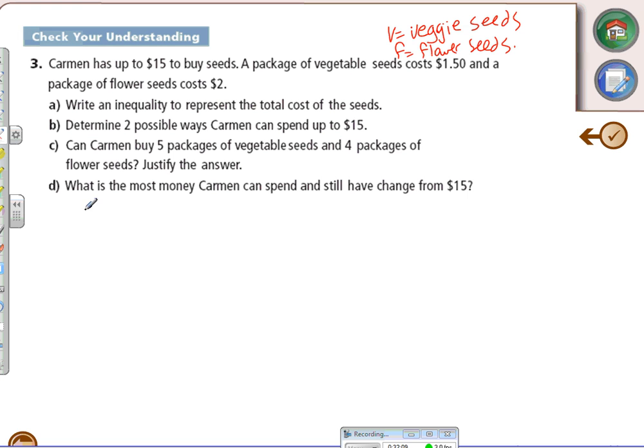So $1.50 for a veggie seed plus $2 for a flower seed has to be less than. So whatever I choose to buy has to be less than or it can equal $15.